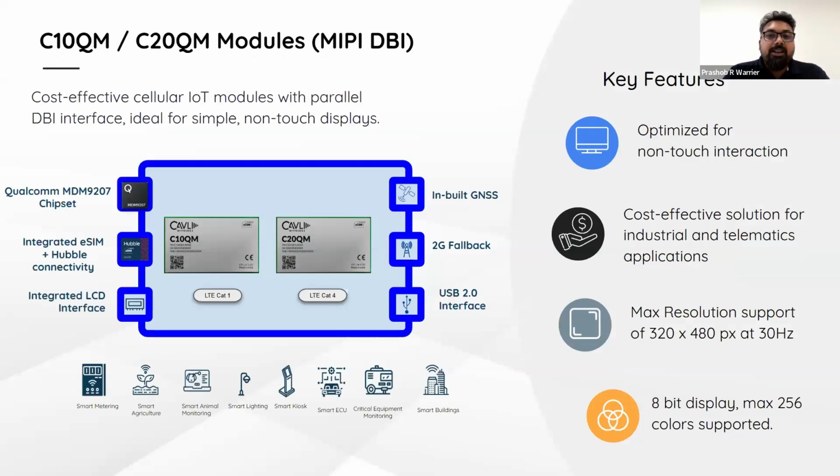Currently we are offering a 3.5-inch display with a resolution of 320 x 480 pixels at a 30 hertz refresh rate, which supports 8-bit display, max 256 colors. This product is based on the Qualcomm MDM9207 chipset with inbuilt GNSS, and also comes with optional eSIM as well as Hubble connectivity.